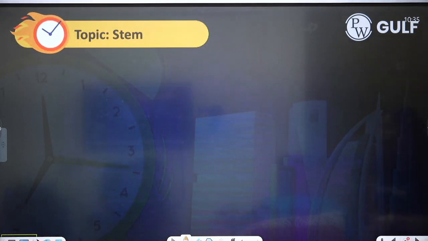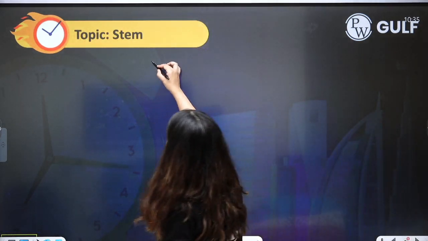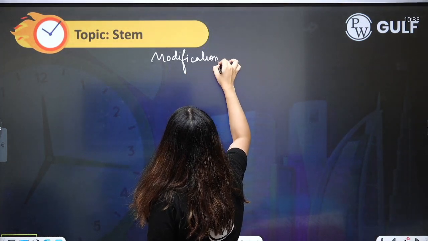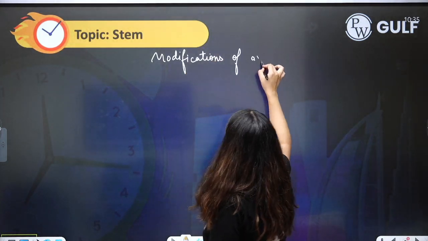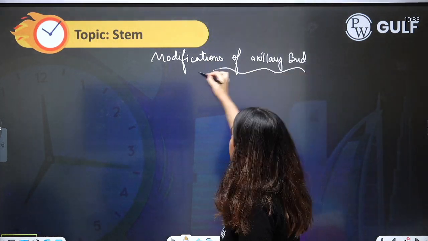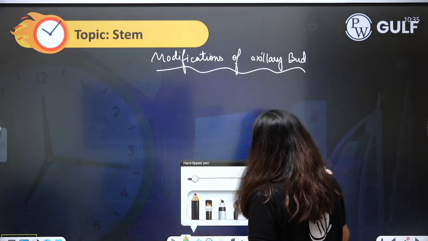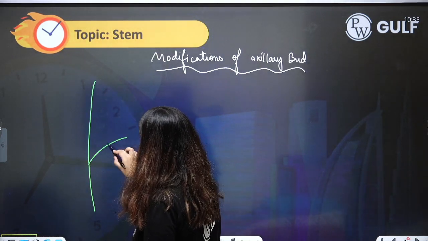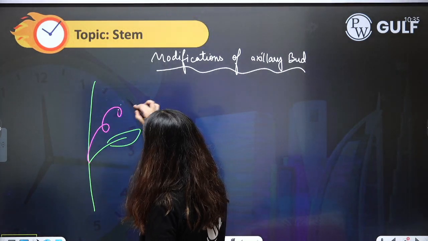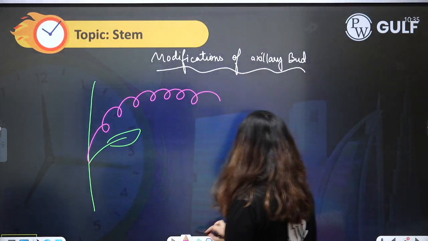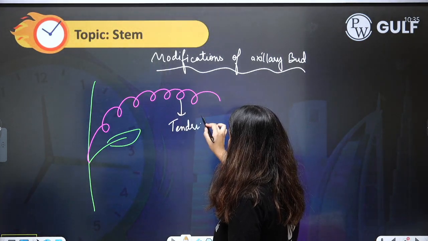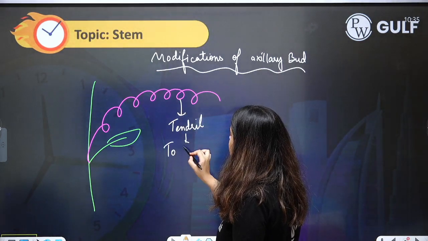Now I'm going to explain some modifications of axillary bud. There are two modifications of axillary bud, beta. First, axillary bud can give rise to tendrils. These are tendrils and they are here to support the weak stem.